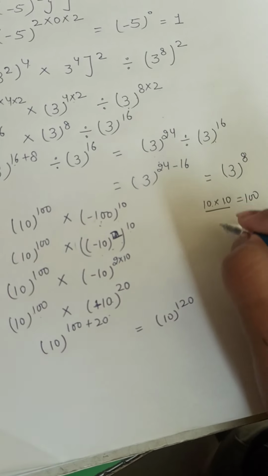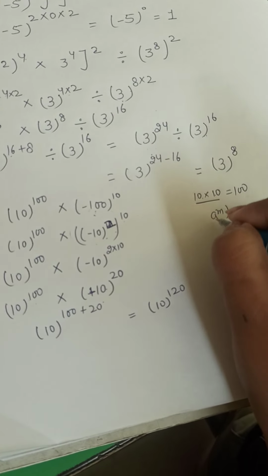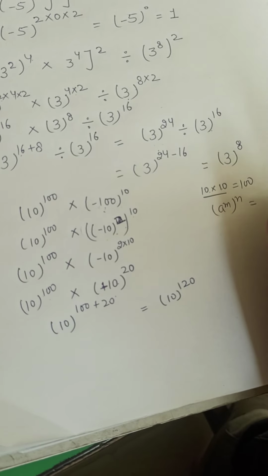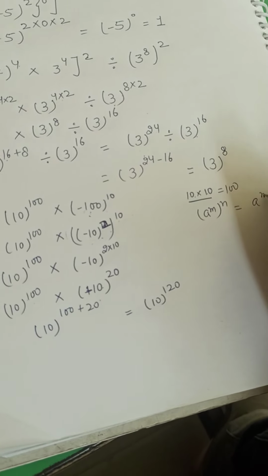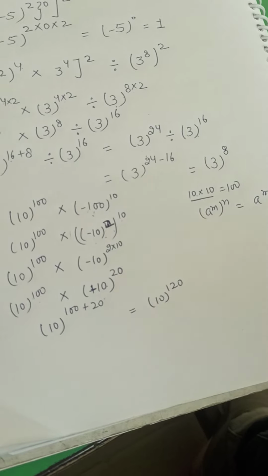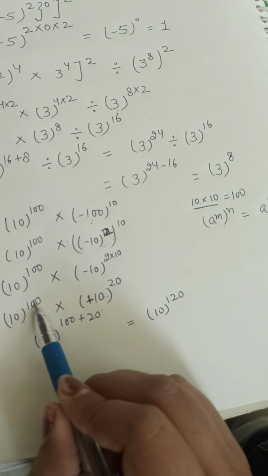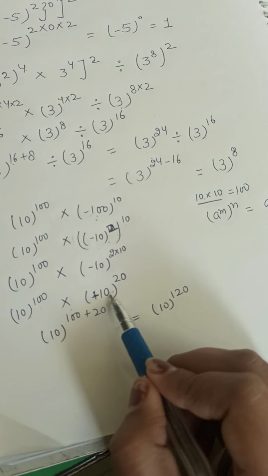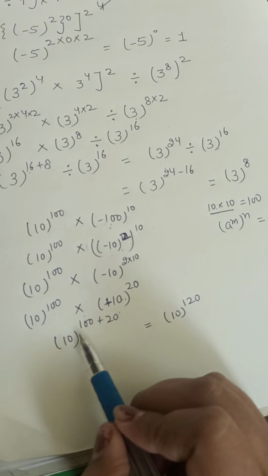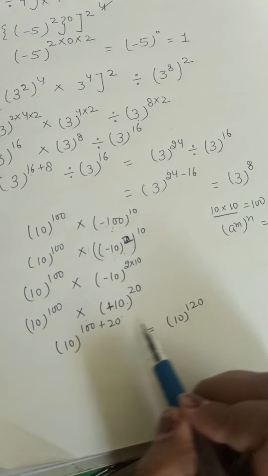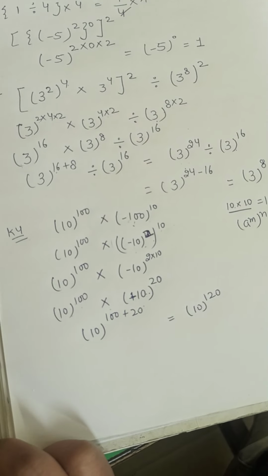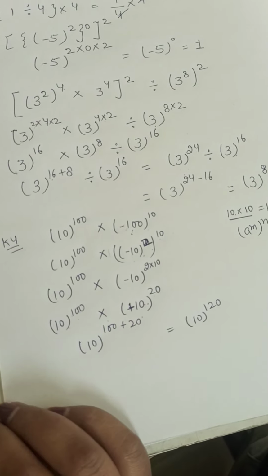Now we know the law of powers: a to the power m, whole to the power n, is a to the power m multiplied by n. 2 tens are 20. 10 to the power 100 multiplied by 10 to the power 20. Now the base is the same, powers get added, and your answer is 10 to the power 120.